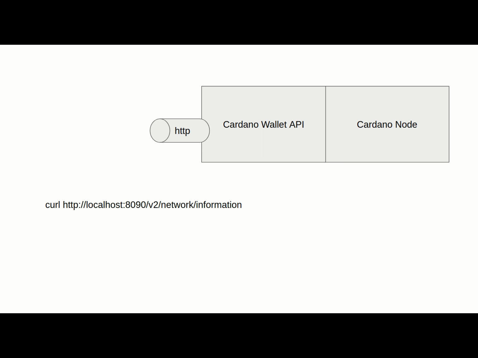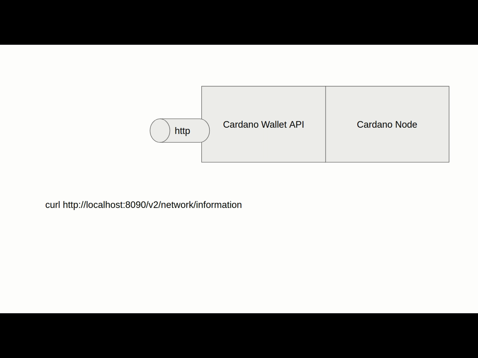So then how does this look when you go to set this up, or how do you use it? So first you need a Cardano node. You need a Cardano wallet API. This will expose a HTTP endpoint. And then to use this, you can use it directly as a HTTP endpoint, using it as a RESTful interface.